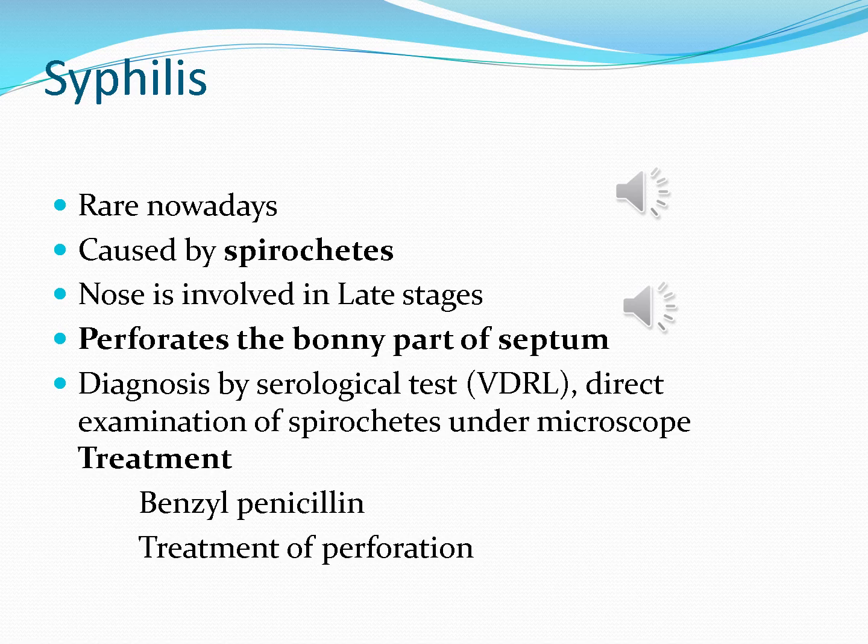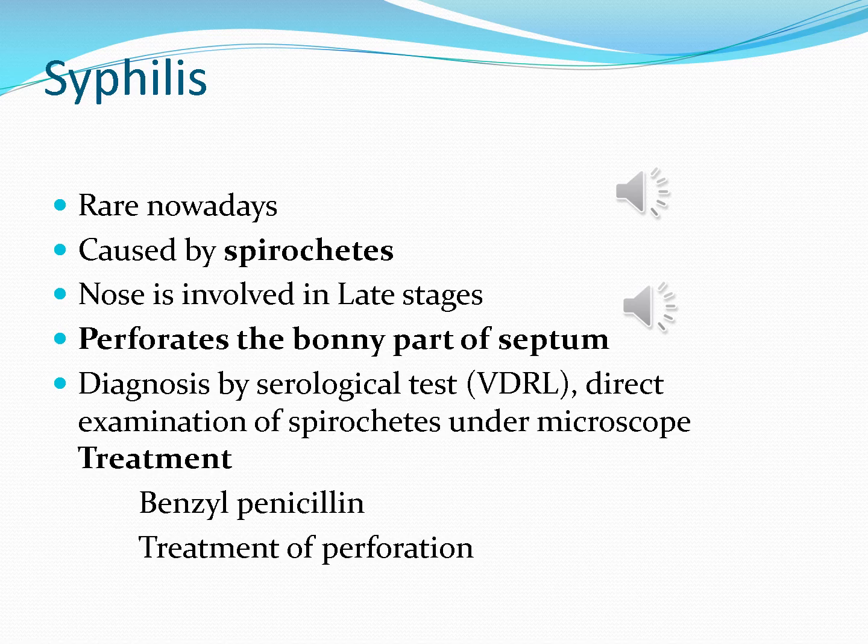The bony part of the septum is mainly made of the vomer and the perpendicular plate of the ethmoid, so there will be destruction of these. Diagnosis will again depend on history, clinical examination and investigations. On history, there may be epistaxis, and there may be other lesions of syphilis on the skin and other parts of the body.